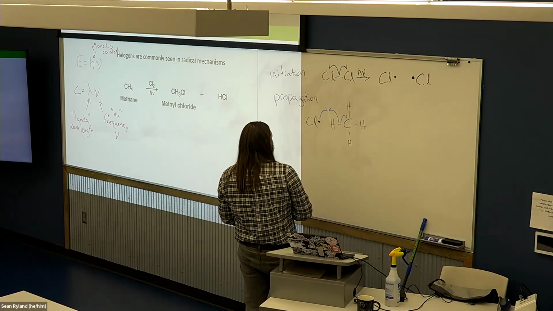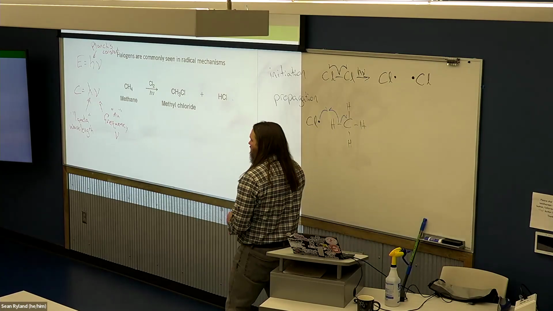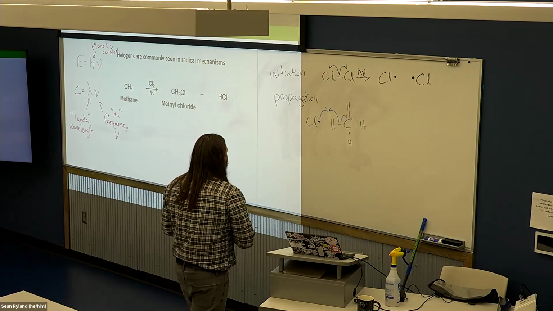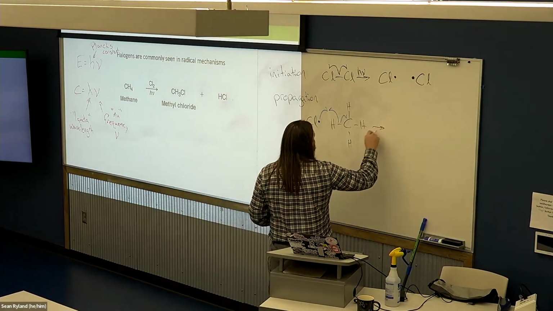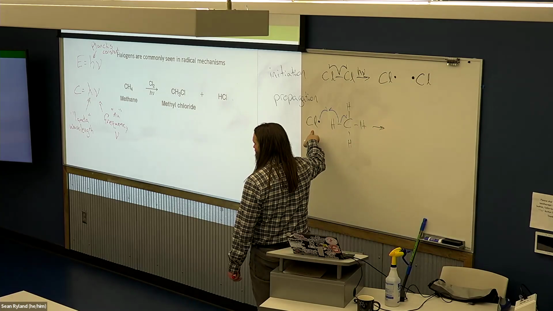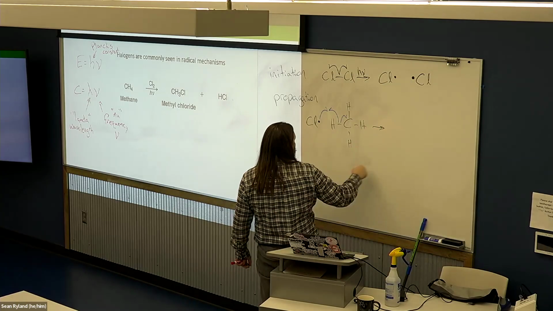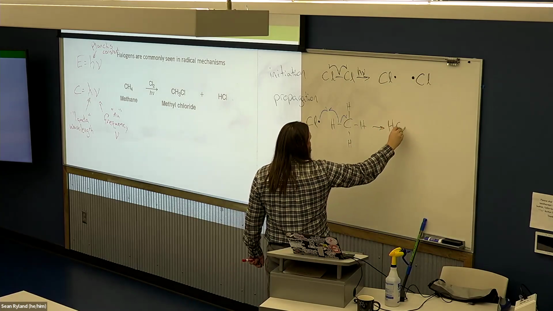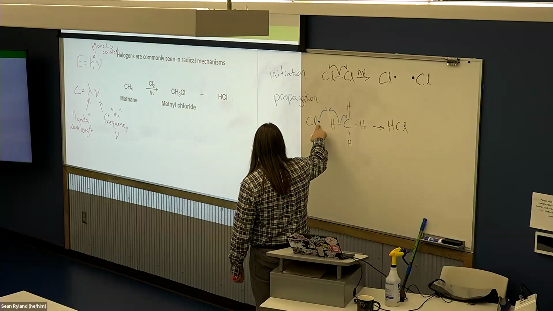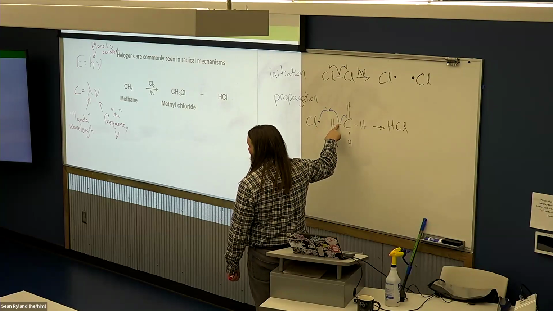So what does that leave us with? The chlorine radical pulled the hydrogen off, so we made a new bond between hydrogen and chlorine. Chlorine isn't attached to the carbon yet.